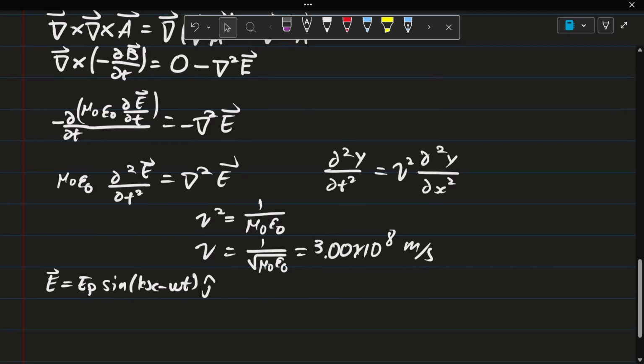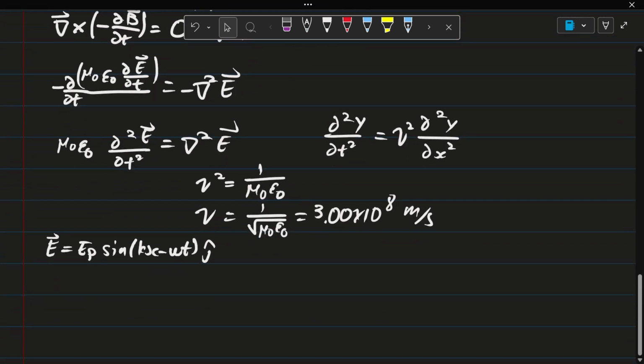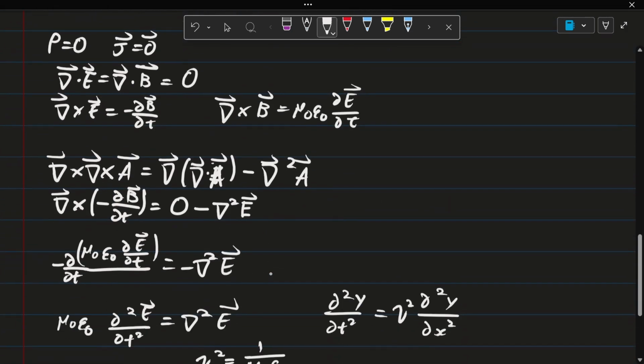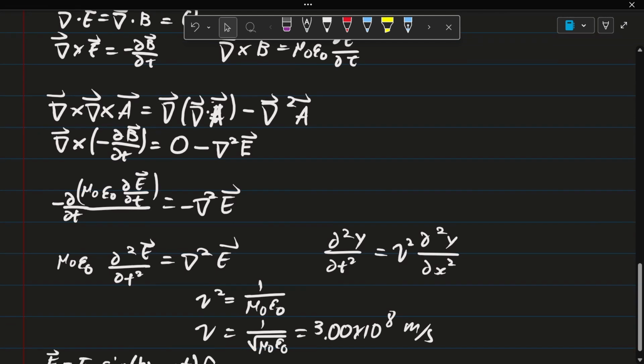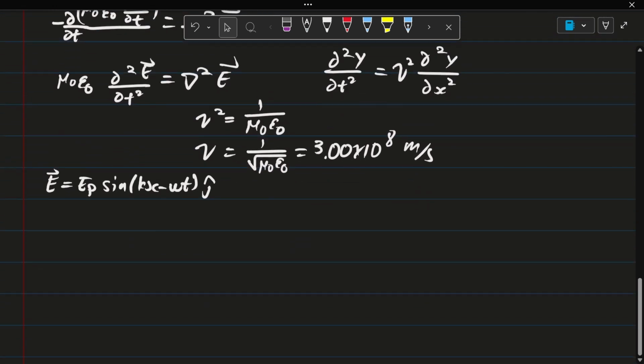I mean, if you try to take the divergence, it's obviously going to be 0 because there's no y component. And then for the magnetic field, we'll later try to solve for that. Well, actually, we could just solve it right now. So the curl of the E vector should equal the negative partial over partial t of the B vector. And let's solve for the B vector.